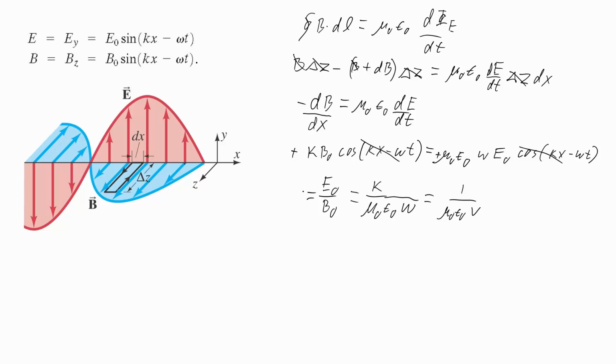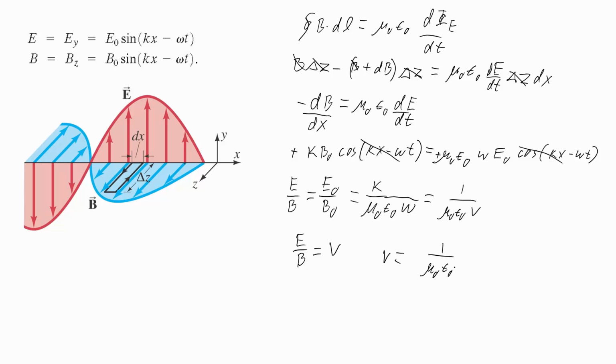We can do the same thing where we can get rid of the max values here, because this is going to be true at any moment in time. Now if we combine this with the other expression we had, we said that E over B was equal to V, and now we're saying it's equal to this. So both V and this thing are equal to E over B, so we can set those things equal to each other. So we can say V is equal to mu naught.